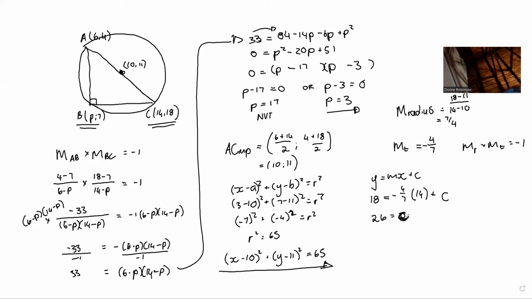Ta-da! Now I can write down y is equal to -4 over 7 x plus 26.